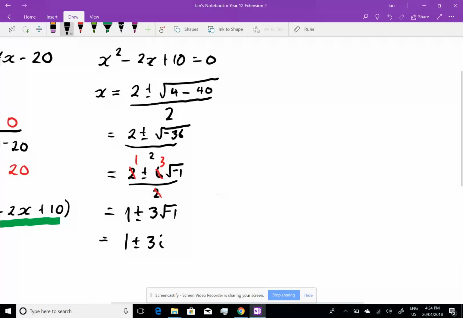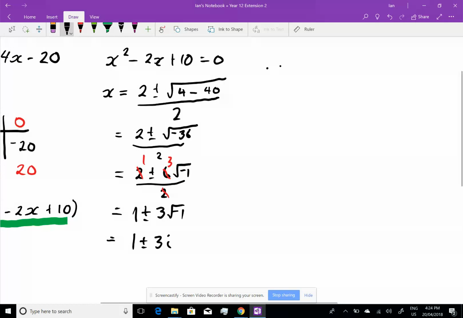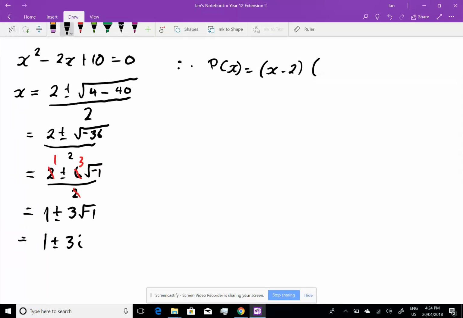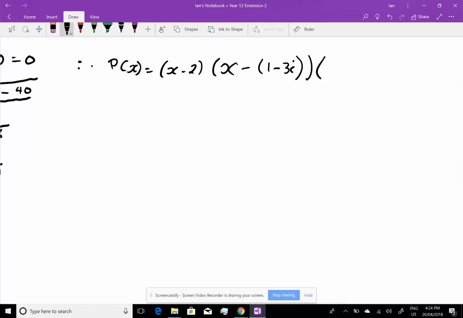Now, let's write the p of x. So therefore, p of x equals x minus 2, and now I have to go x minus 1 minus 3i and x minus 1 plus 3i, because they're the roots.